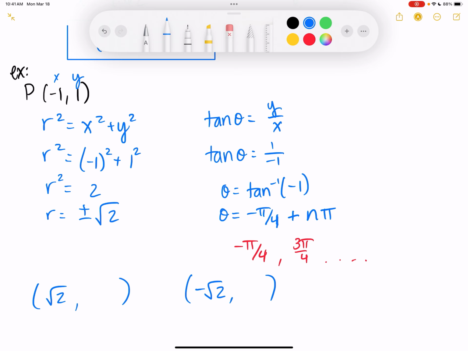Now, the negative one means that what is happening? It's flipped 180 degrees. So since this point is opposite of the negative pi over 4 one, I'm going to put the negative pi over 4 here with the negative root 2.